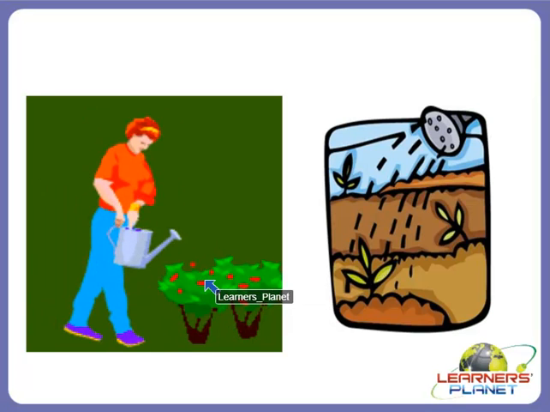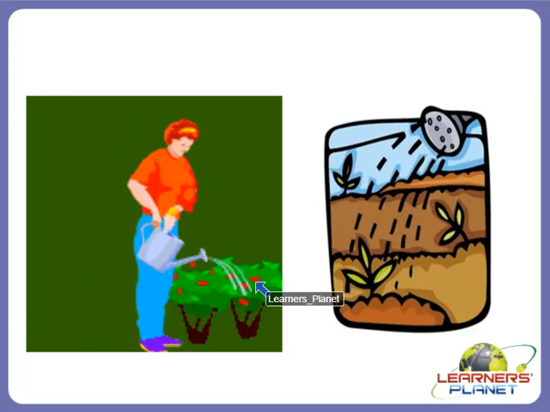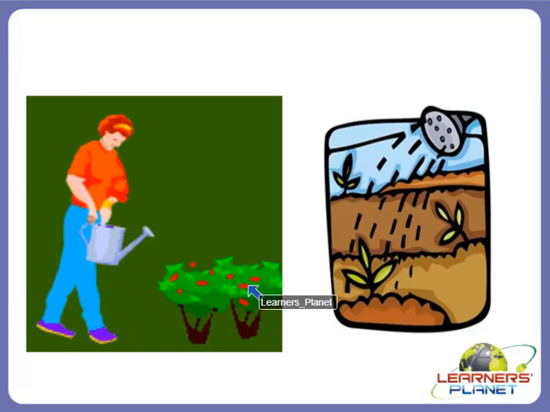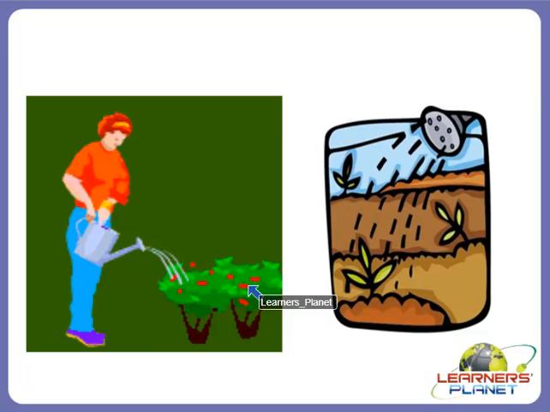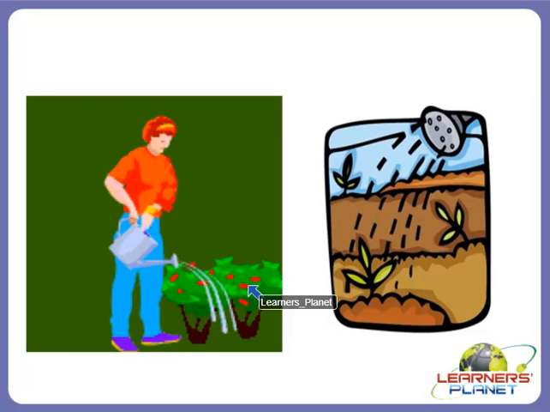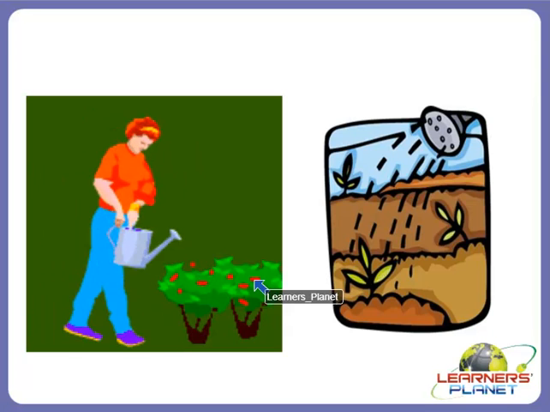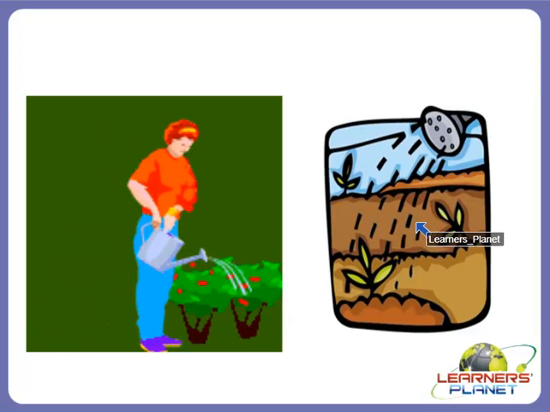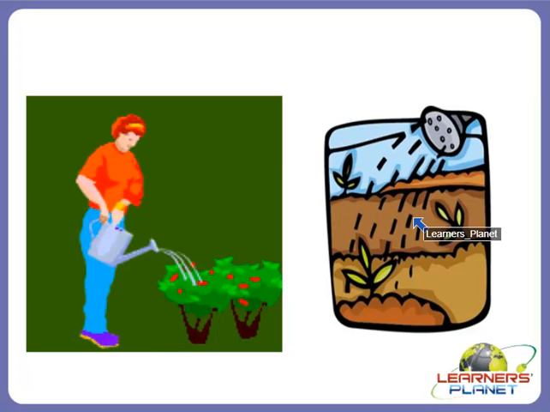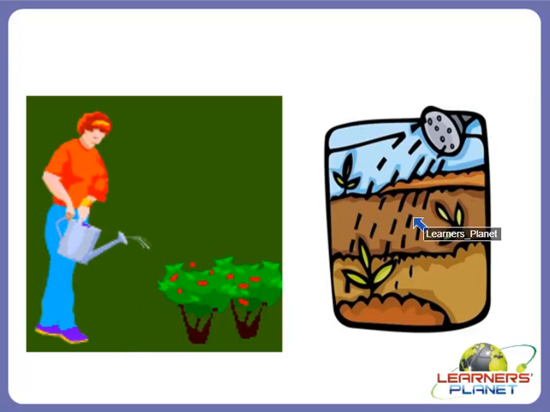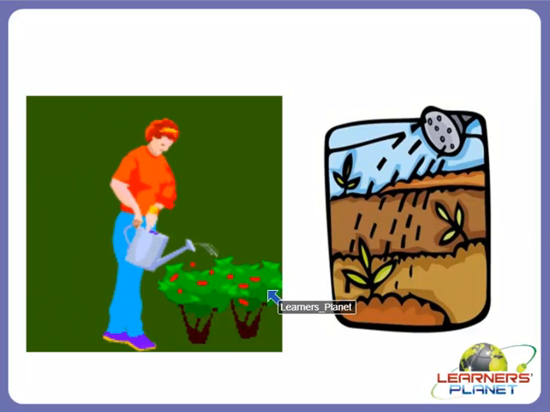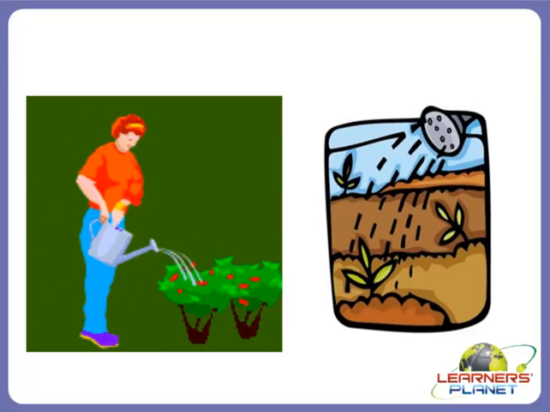For making food like beautiful flowers and sweet fruits and vegetables. So children, this is the second use of root.